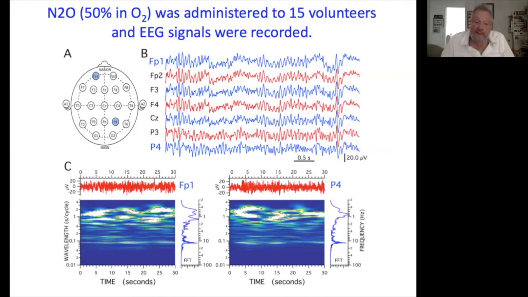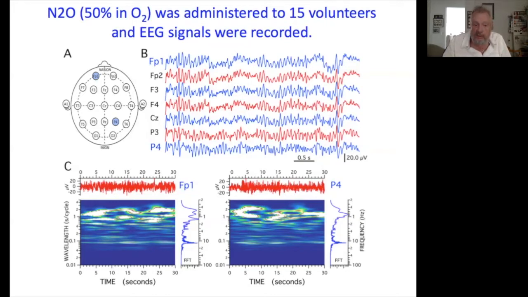Now, one of the first things you'll note is that nitrous can produce this highly synchronous activity across the whole brain. It starts in the frontal area and propagates backwards to the back of the brain.